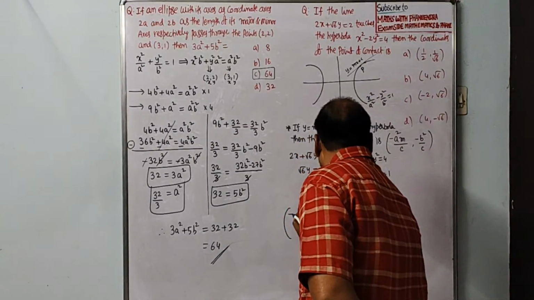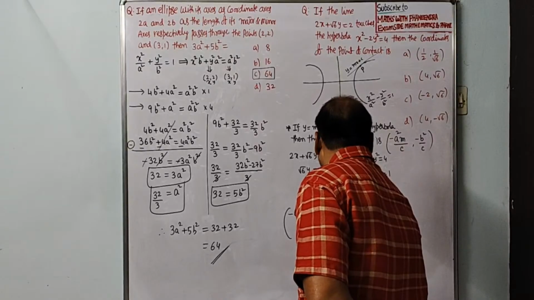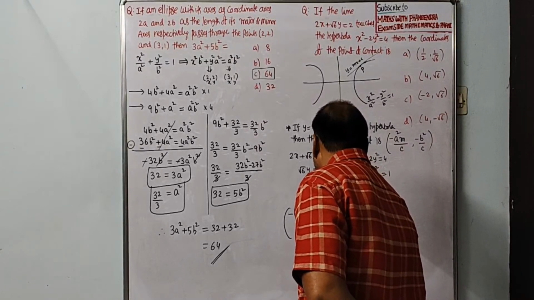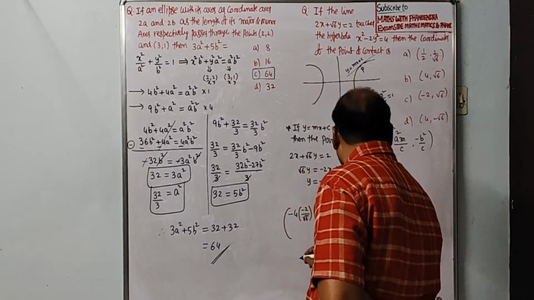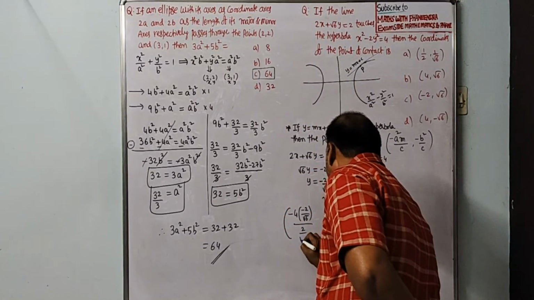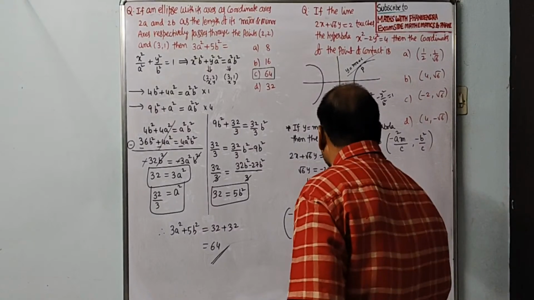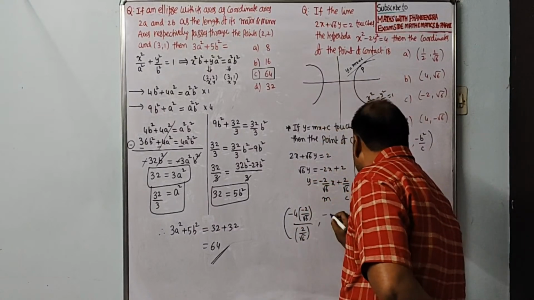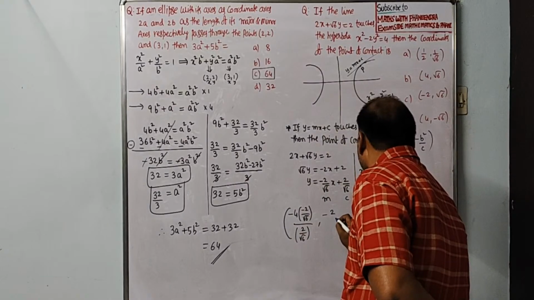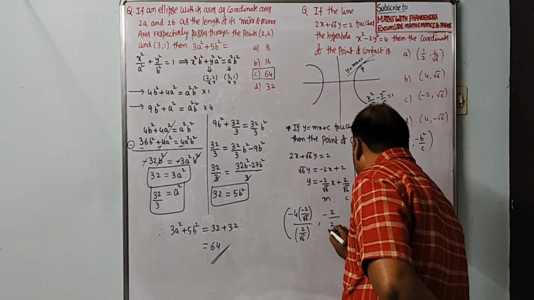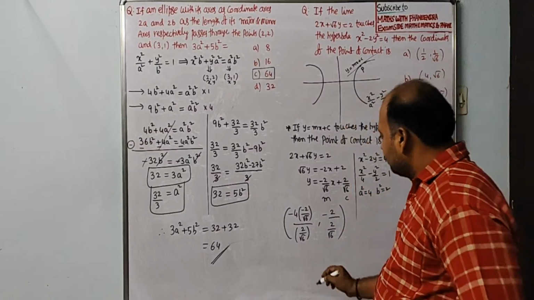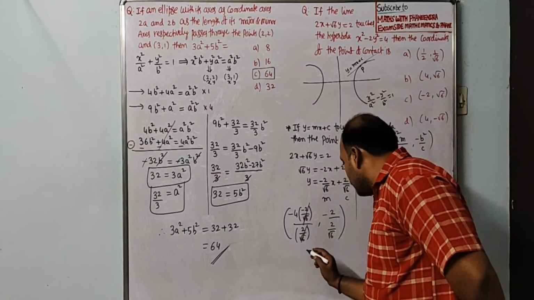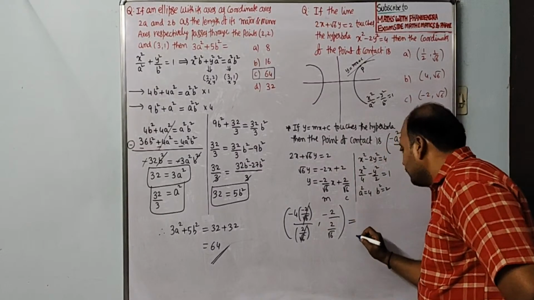Minus a square value 4 into m value minus 2 by root 6, by c value 2 by root 6, comma minus b square 2 by c value 2 by root 6. 2 by root 6 gets cancelled.